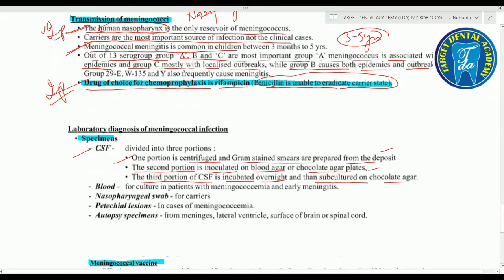Coming on to the blood for the culture in the patient with the meningococcemia and the early meningitis. The nasopharyngeal swab for the carriers, the petechial lesions in case of the meningococcemia, and autopsy specimen from the meninges, lateral ventricle, surface of the brain and the spinal cord.